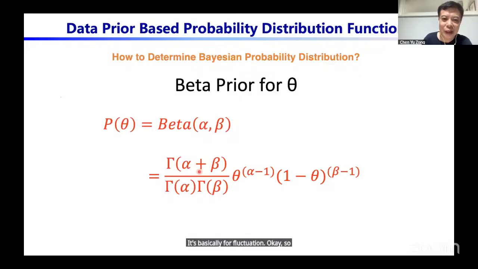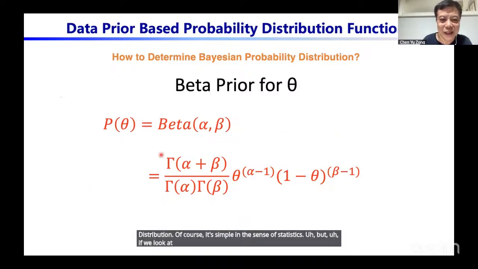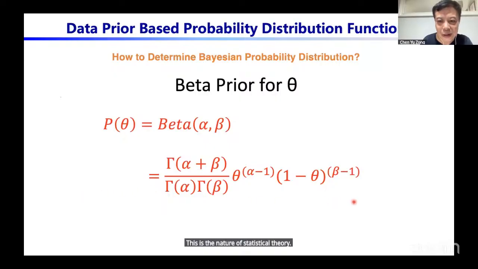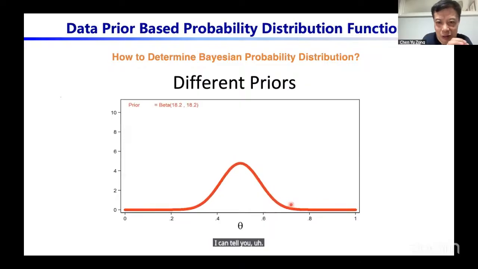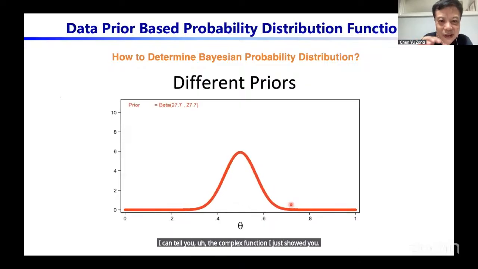So we begin with a very simple distribution. Of course, it's simple in the sense of statistics, but if you look at the function here, it's already quite complicated. Unfortunately, this is the nature of statistical theory. It comes with very complicated mathematical functions, even though statistical distribution-wise, it may be simple. In this case, I can tell you the complex function I just showed you actually generates this kind of distribution called a normal distribution.